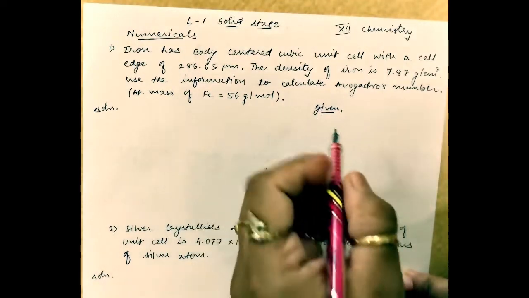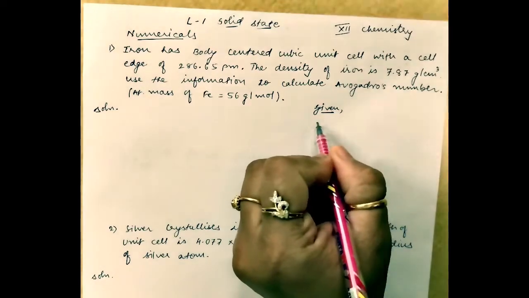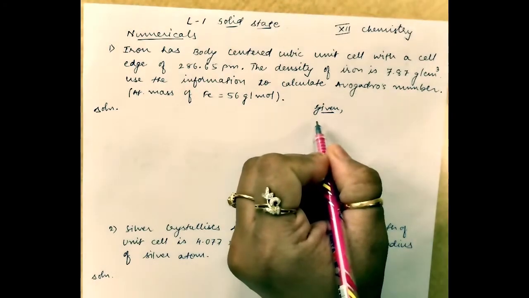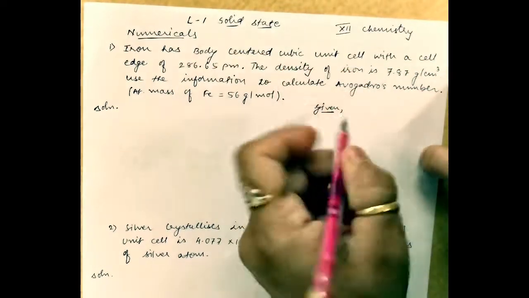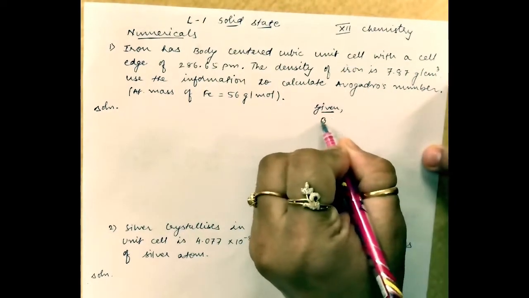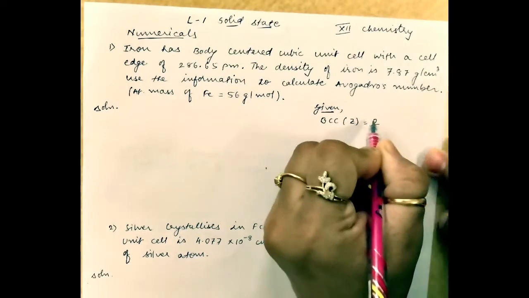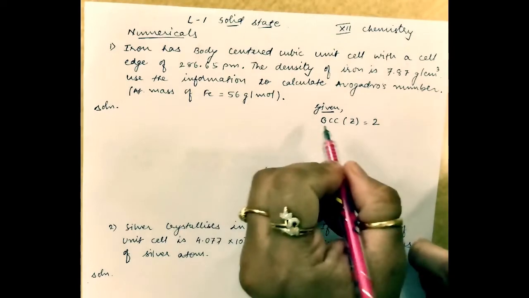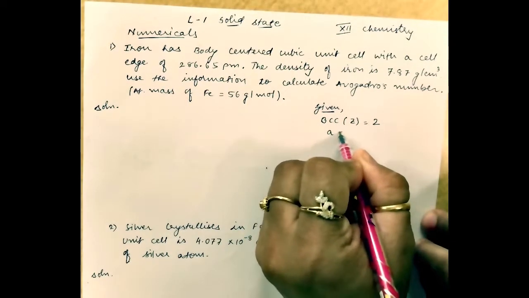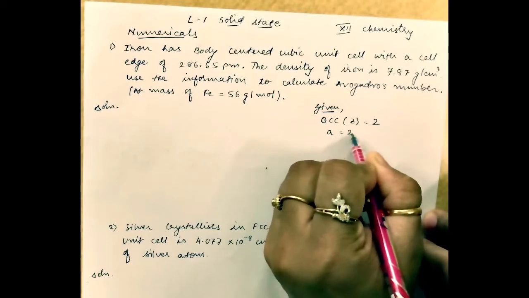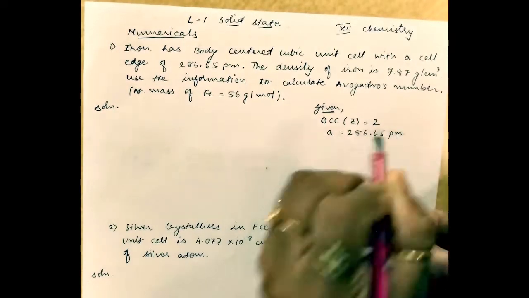So let us calculate. First let us write down whatever the given conditions are according to the question. The first thing given is that iron has a body centered cubic unit cell, so for BCC, the Z effective should be 2. Now the edge length, designated as A in the chapter, is 286.65 picometers.